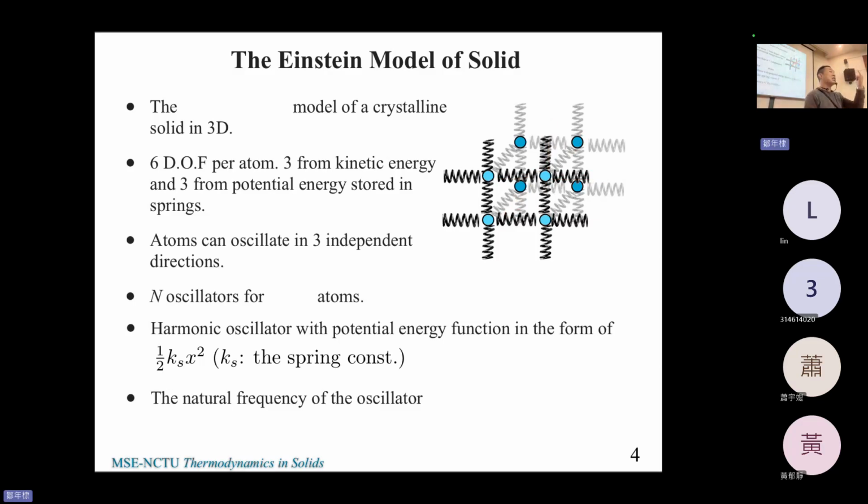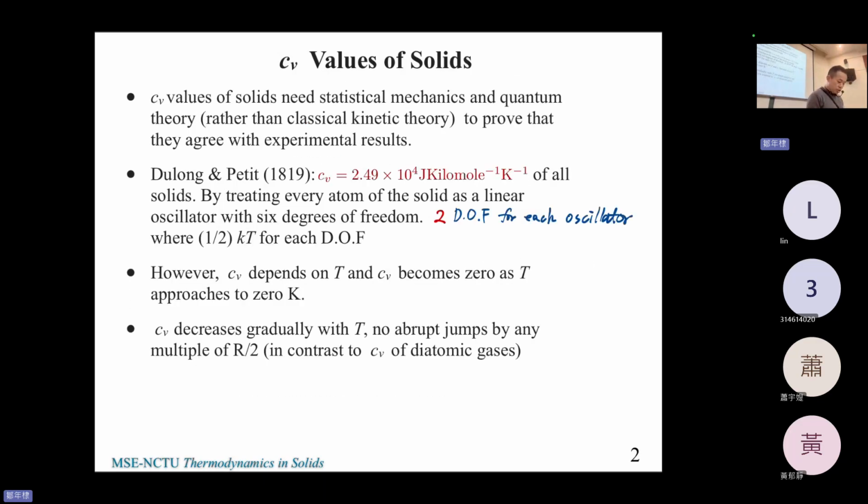So you have 6 oscillators, and on average each atom has 3 oscillators. So 3 times 2 equals 6. So you can see 6 degrees of freedom for each atom.